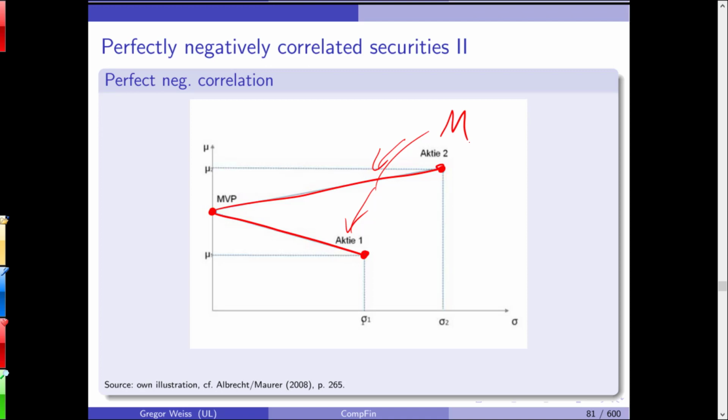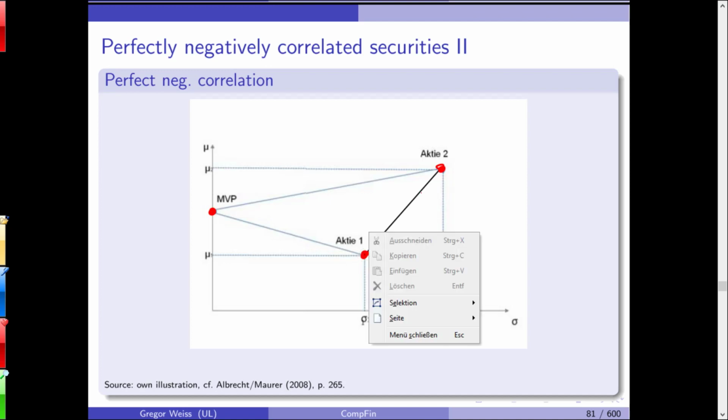And if you now combine all these plots, what can you see? Let me just erase this again. For perfect positive correlation, you will start with a line between the two stocks. And by lowering the correlation from +1 to, say, 0.9, you will have something that looks like this.